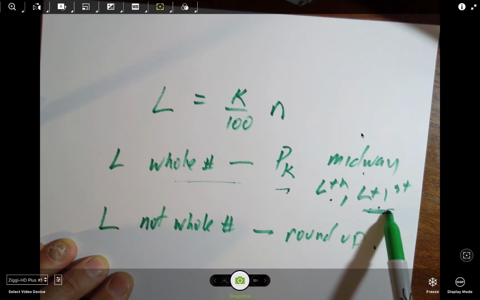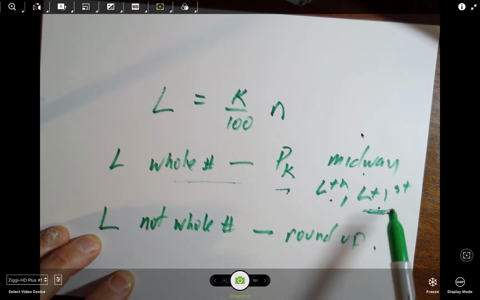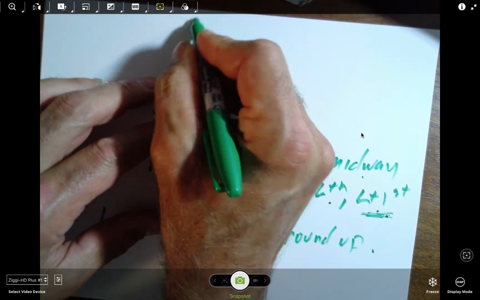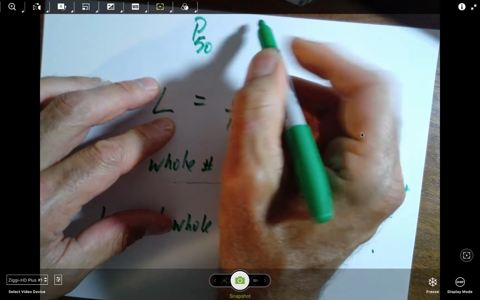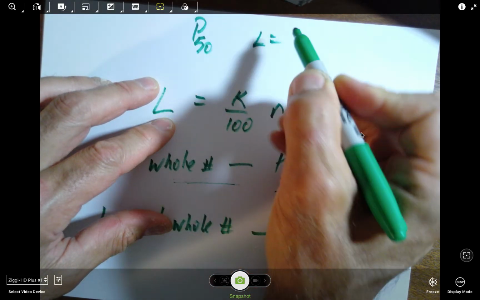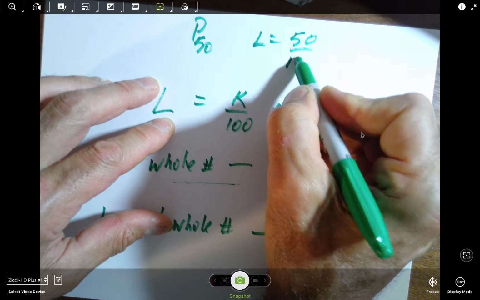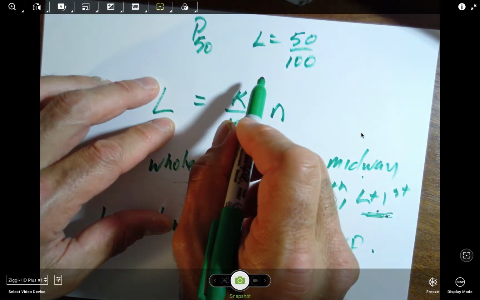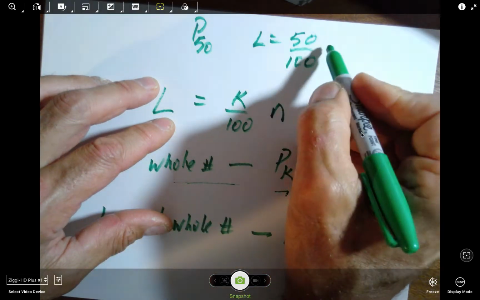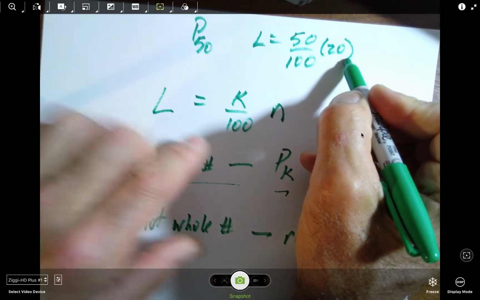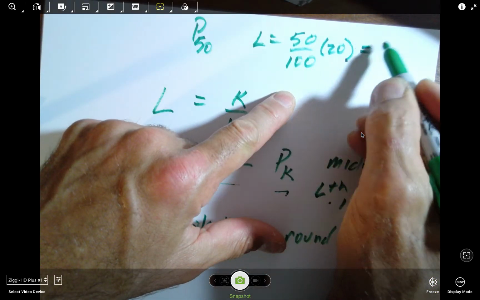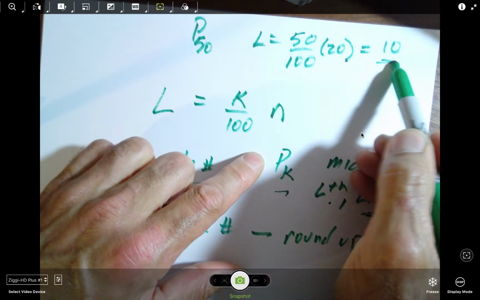We just saw that with the median. Our example here was P sub 50, and we found L, well, we just did it by inspection. We found the median, but here's how the formula would work. If we work this out, we get 10. So L was a whole number.